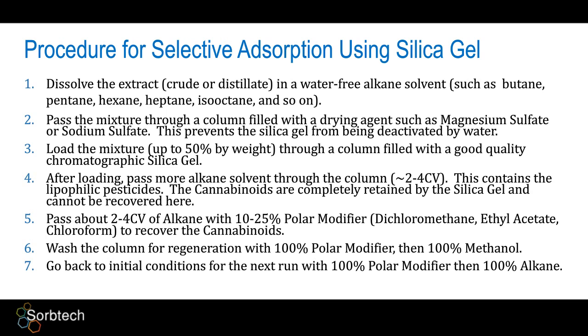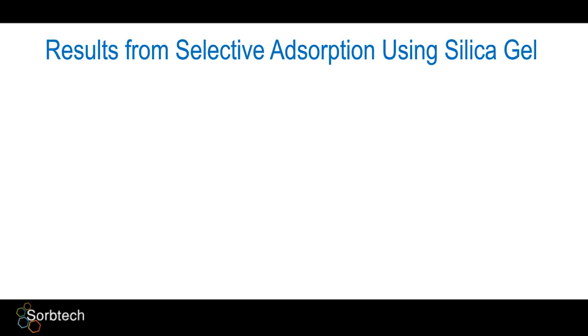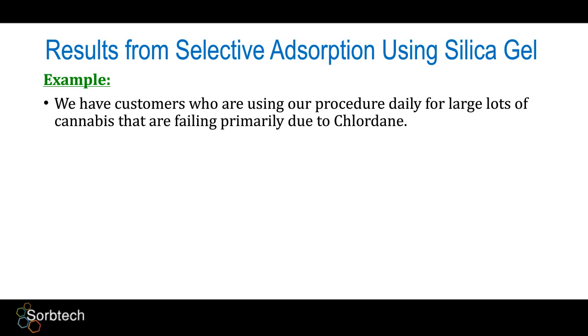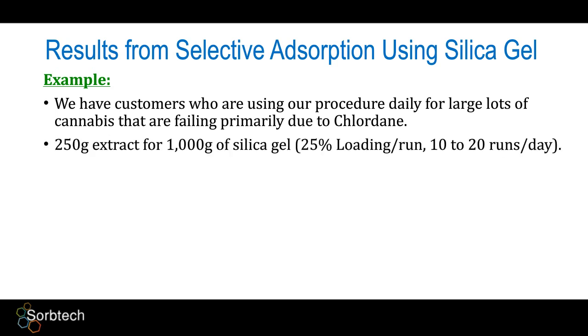So some of the results are, we have customers who are using our procedure daily for large lots of cannabis that are failing primarily due to chlordane and some other contaminants as well. So 250 grams of their extract, which is actually a distillate, for 1,000 grams of silica gel, which is 25% loading.